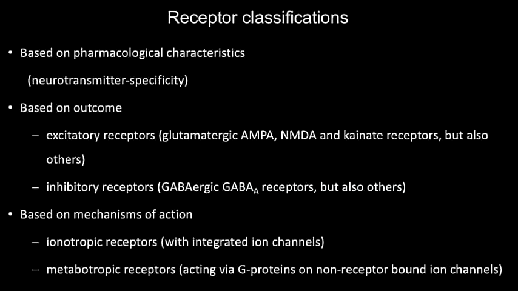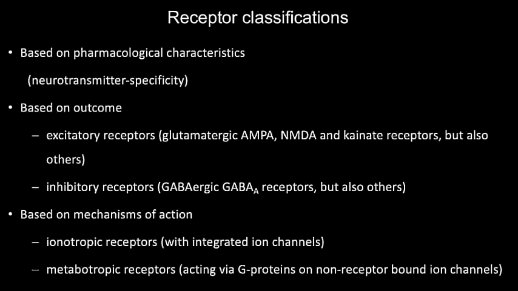A receptor can have an integrated ion channel, or it cannot have such an ion channel, but is connected to G proteins. And in an indirect way, these G proteins can, amongst other functions, influence ion channels which are not bound to receptors or which are bound to receptors.